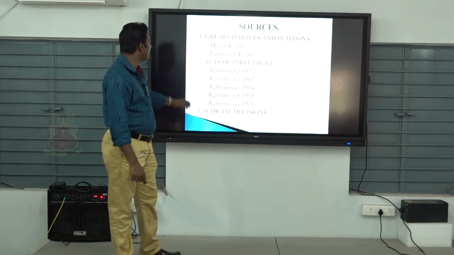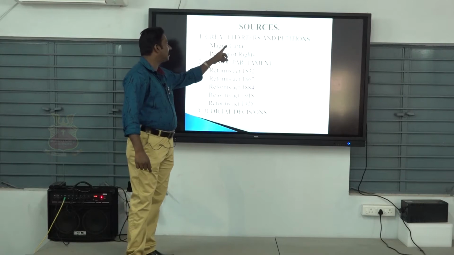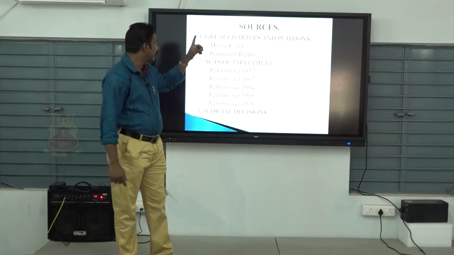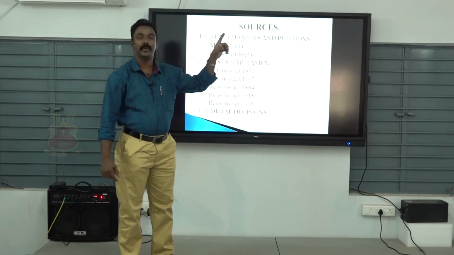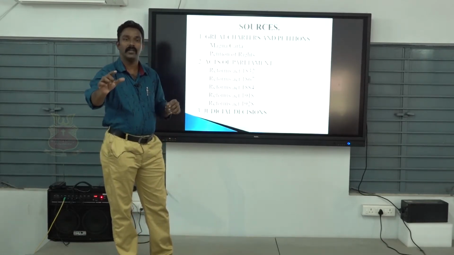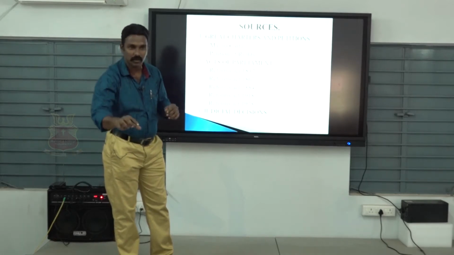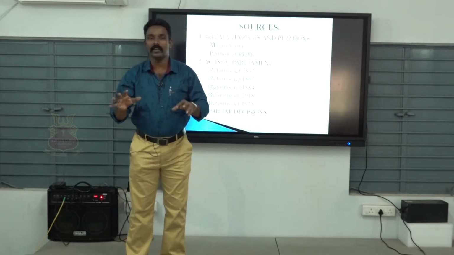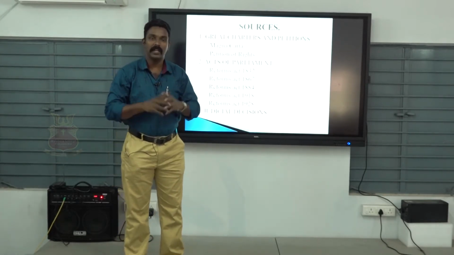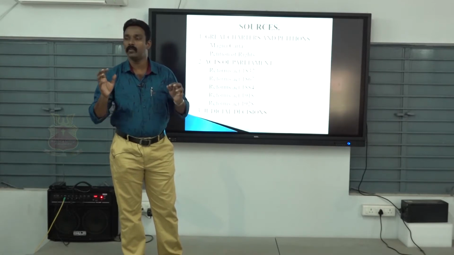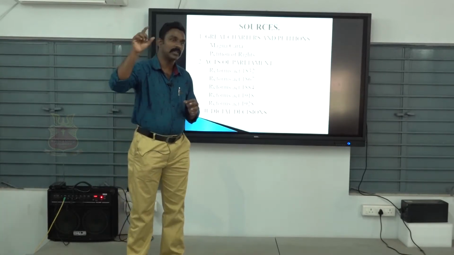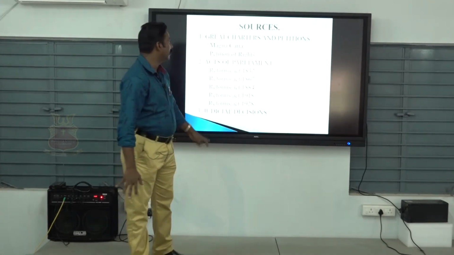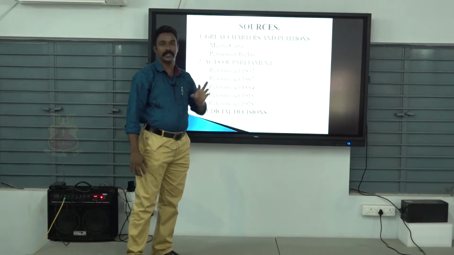The first source is great charters and petitions. The England King held all the full powers, and the people gained many rights through agitation and with the help of the charters and petitions.